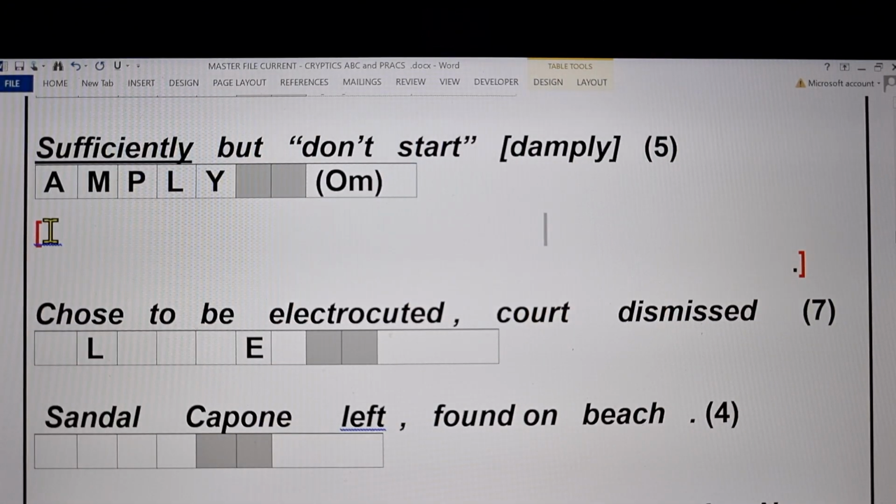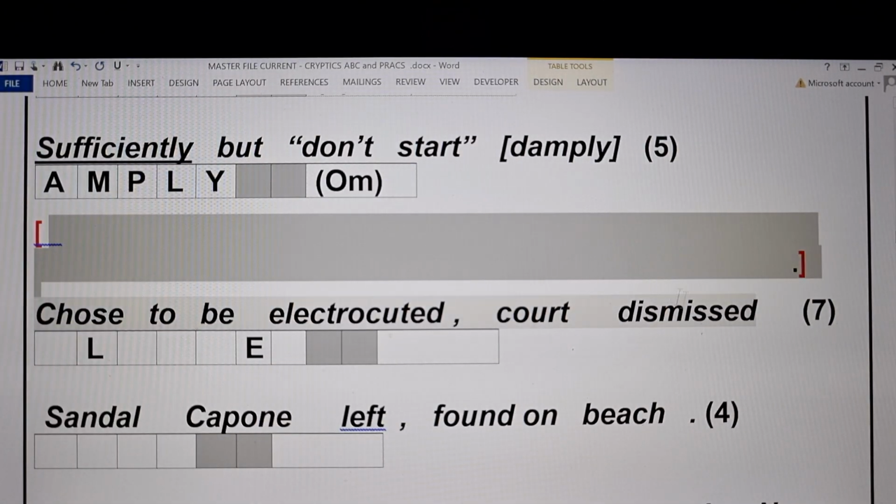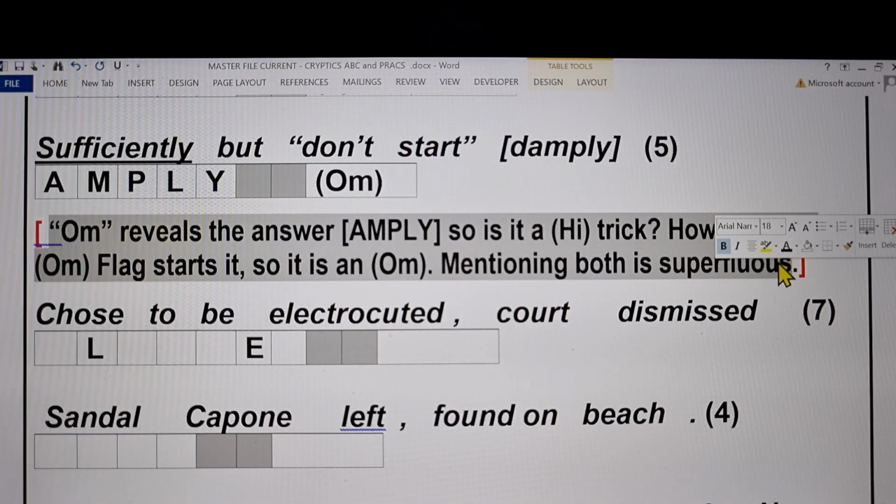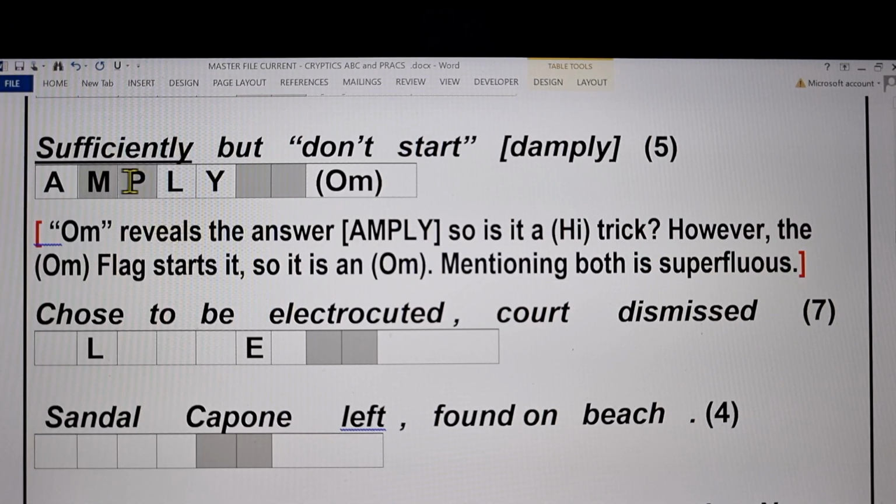What did I comment here? I've said something of immense value, no doubt. Let's see what it is. Omission reveals the answer amply. So is it a hidden trick? Let's remember that, yes. You see, the answer is there. So the answer is actually hidden inside damply.